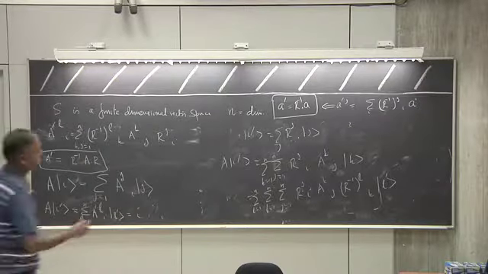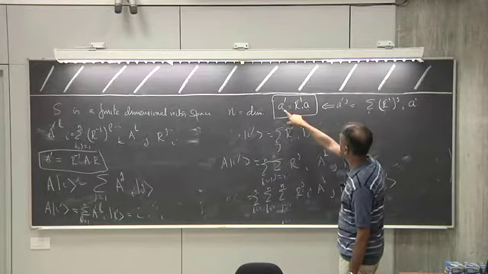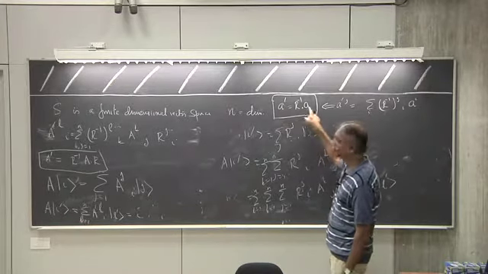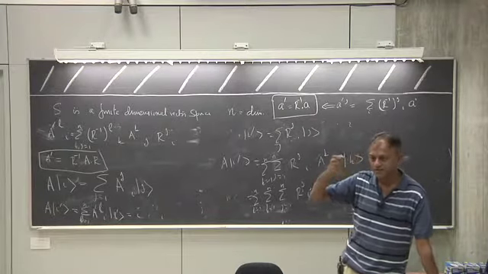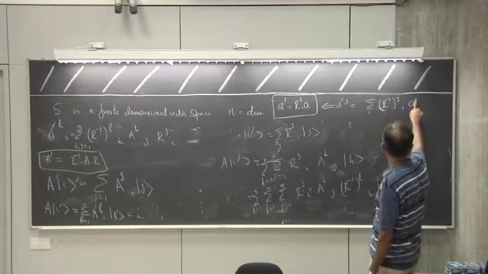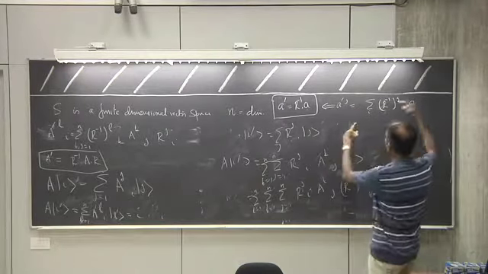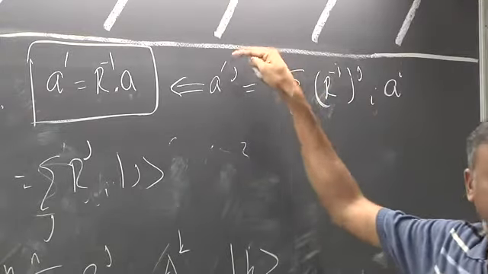So note that these A's were transforming with the R inverse. I mean, A prime was R inverse A. You see, this index is transformed by R inverse. I'm keeping the position of the index up for a particular reason.